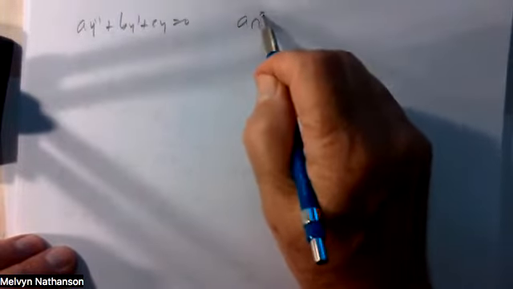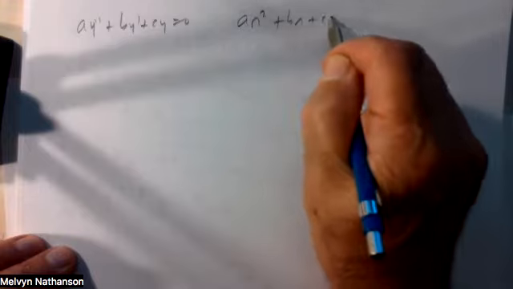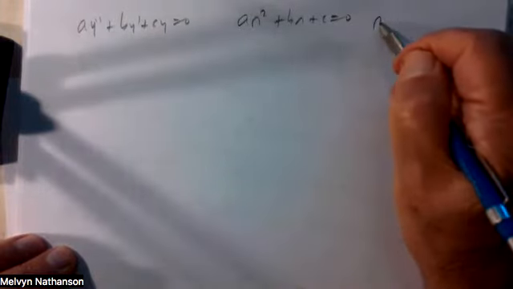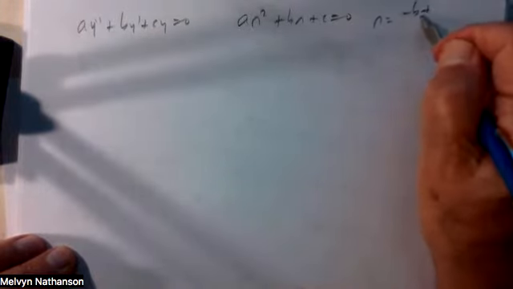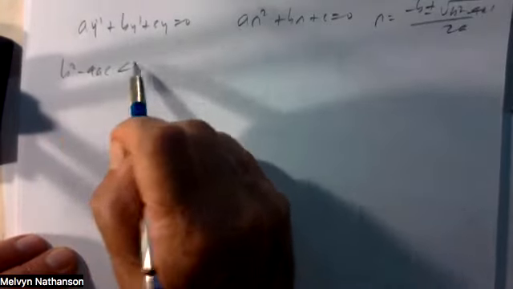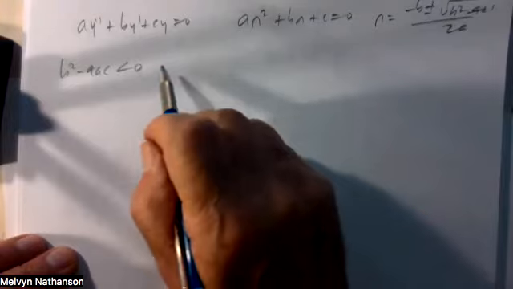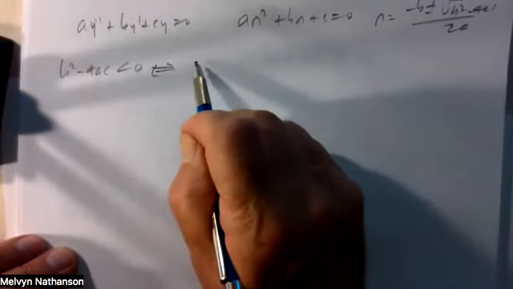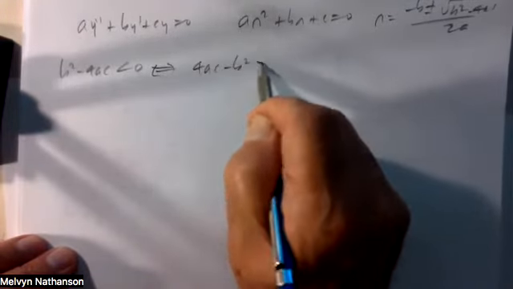The characteristic equation is AR squared plus BR plus C equals 0. So the solution is minus B plus or minus the square root of B squared minus 4AC, over 2A. We're in the case where B squared minus 4AC is negative, which, if we multiply by minus 1, is the same as saying 4AC minus B squared is positive.